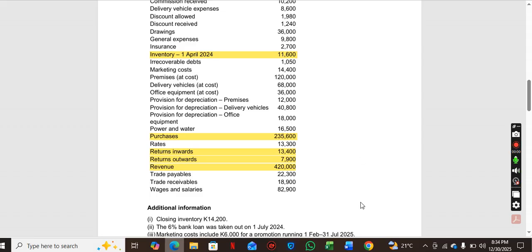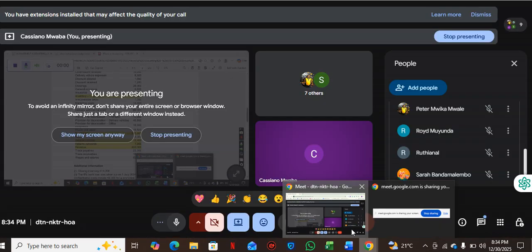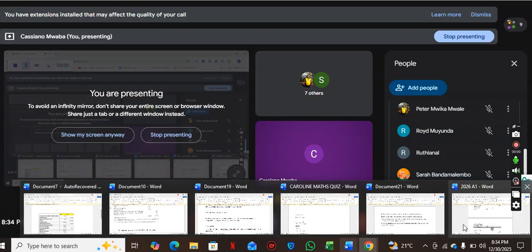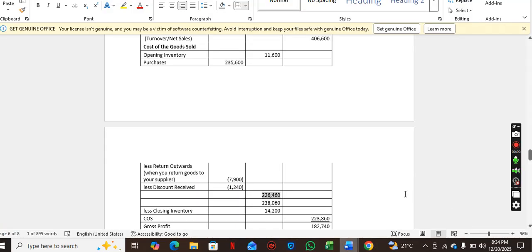My other question: how do you know to say now this one is closed, you need to start another section, like the way you have closed for the revenue made from selling goods and return inwards, and this turnover, net sales?